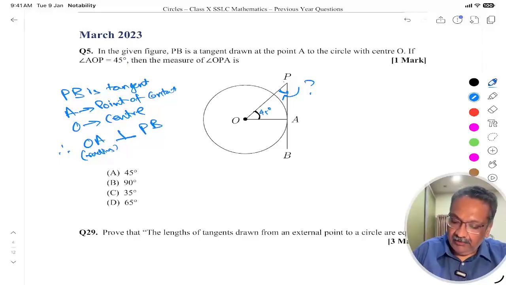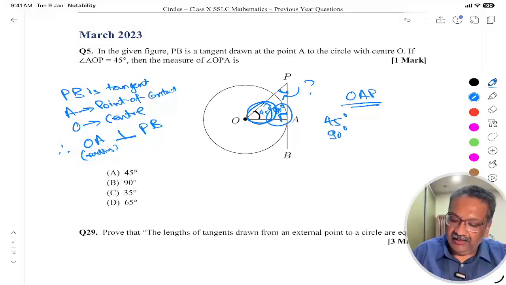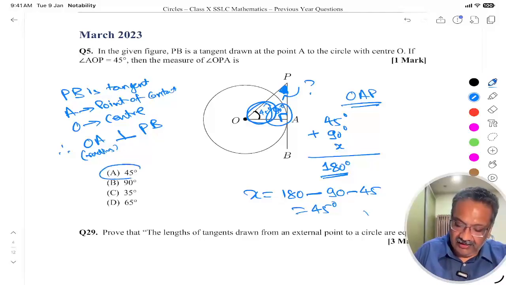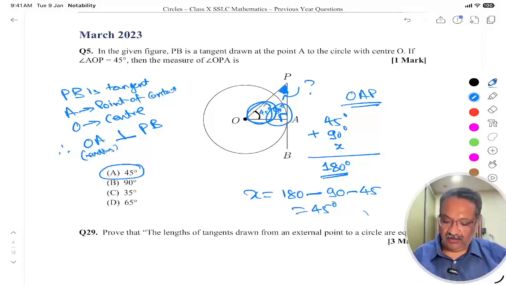So when OA is perpendicular to PB, this becomes 90 degrees. Now in triangle OAP, one angle is 45 degrees, another angle is 90 degrees. Correct? We are asked this angle, let us say this to be x. But in a triangle all three put together will be 180 degrees, right? So this angle, we have to subtract. Therefore we have x is equal to 180 minus 90 minus 45, which is equal to 45 degrees. So answer is A, 45 degrees. Straightforward question. All right.